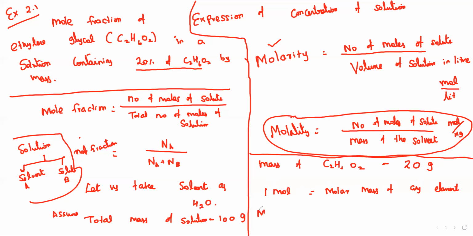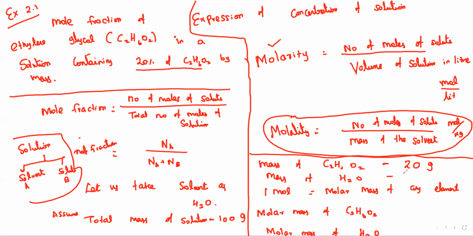So we have to find the molar mass of C2H6O2 and the molar mass of H2O, because this mass gives 1 mole. And we also know the mass of H2O.